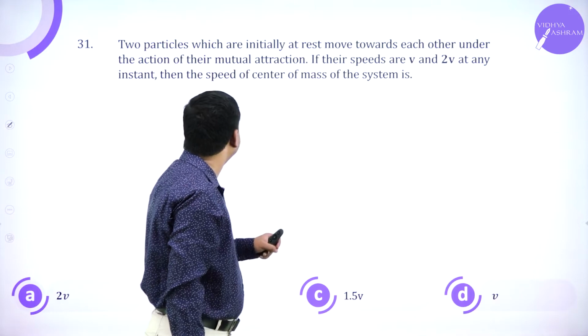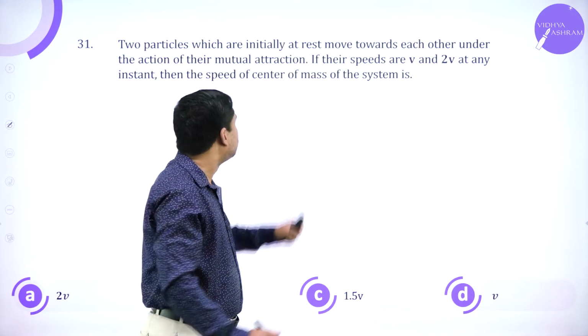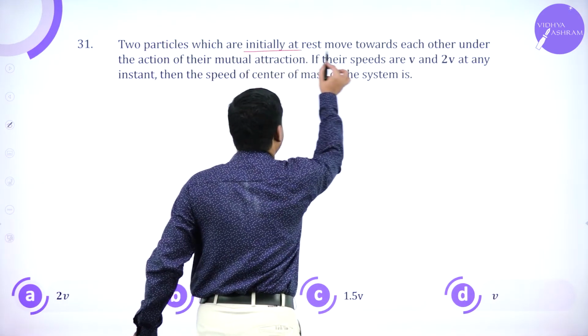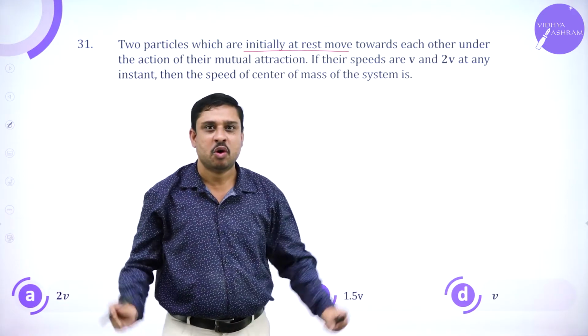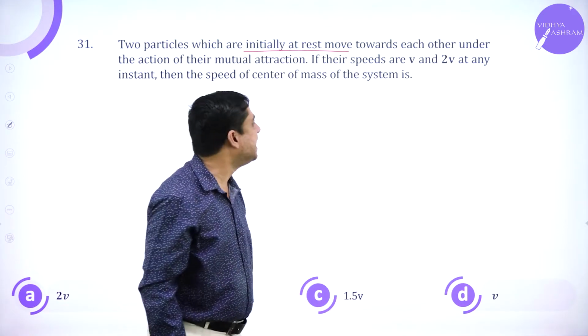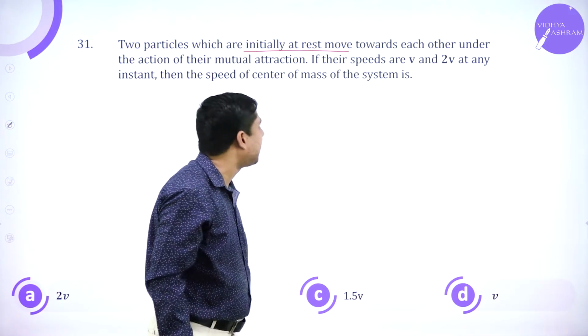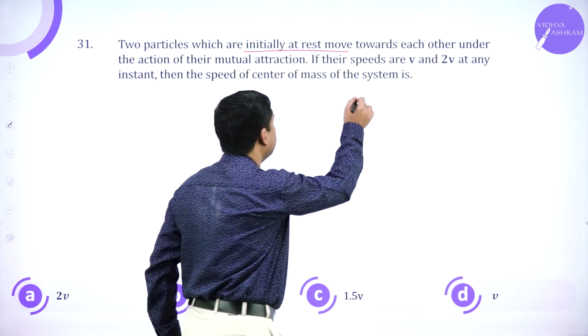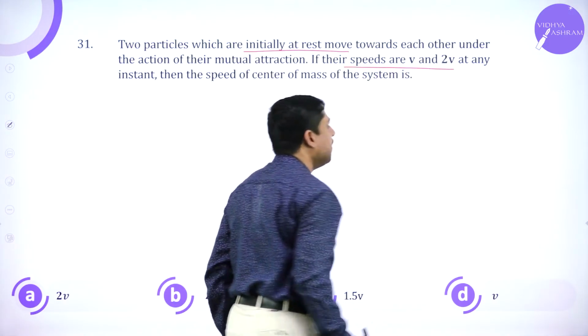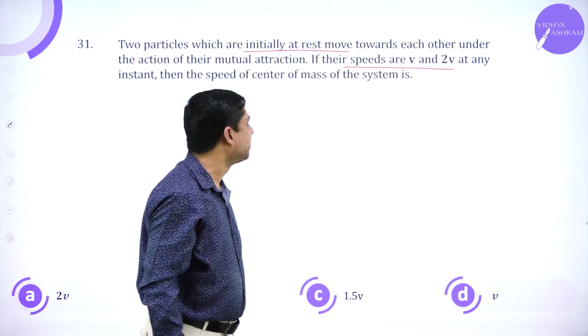Two particles which are initially at rest move towards each other under the action of mutual attraction. Their speeds are v and 2v.